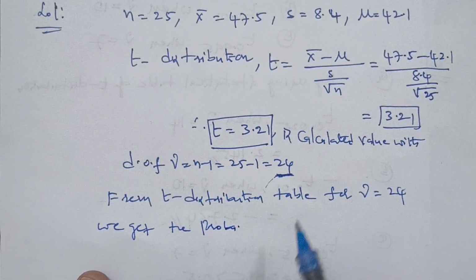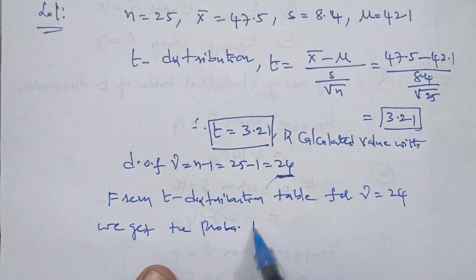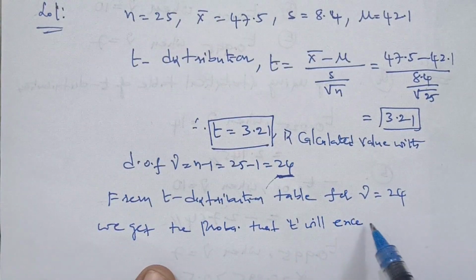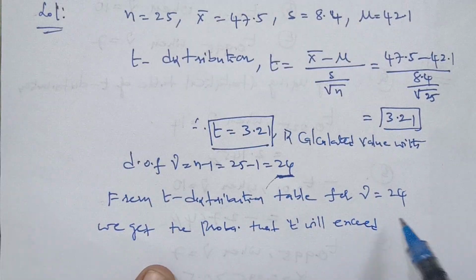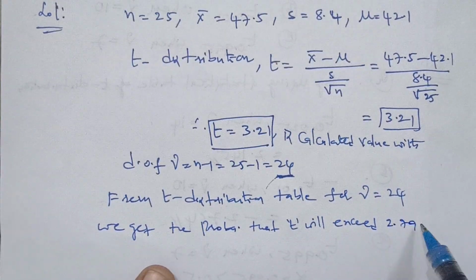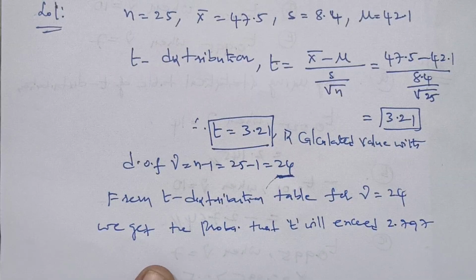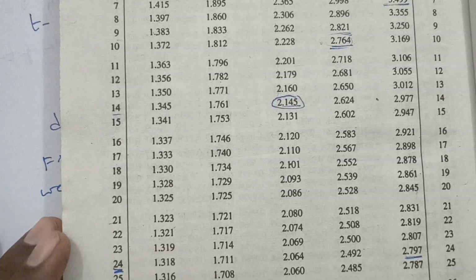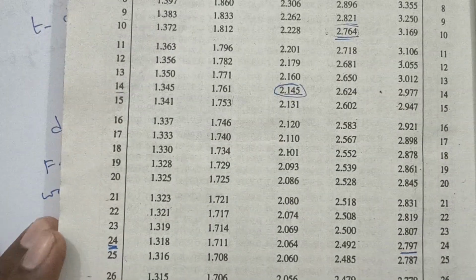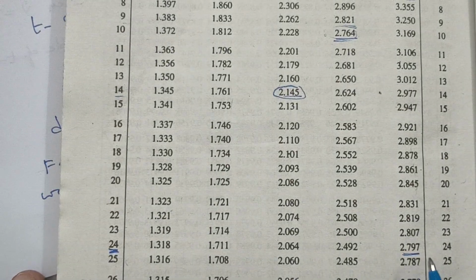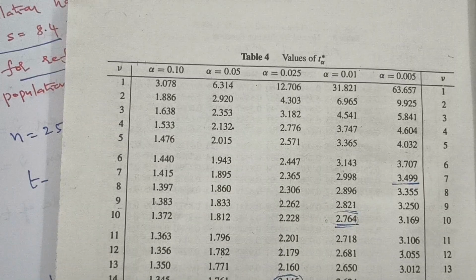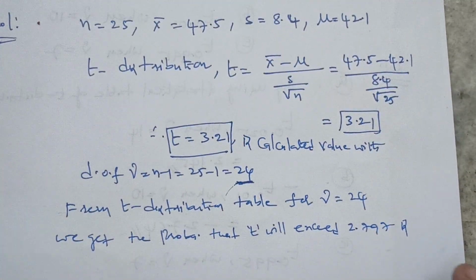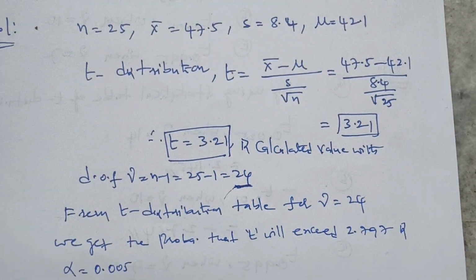So that information will be written like this. We get the probability that t will exceed 2.797. The last value is 2.797 in this table. In this table we have the 24th row, the last value is 2.797, where alpha is 0.005 as the area.